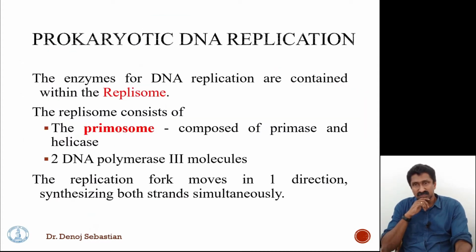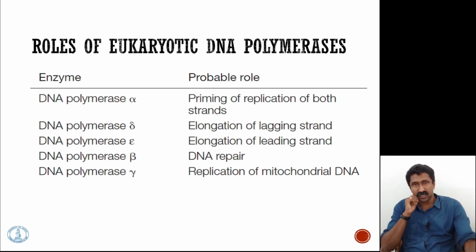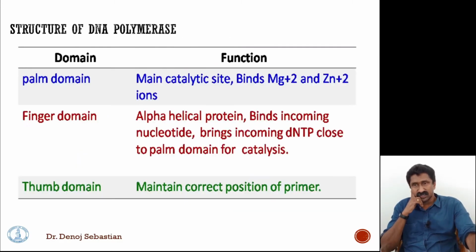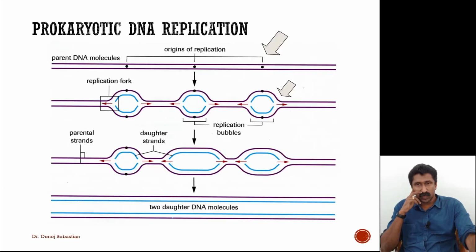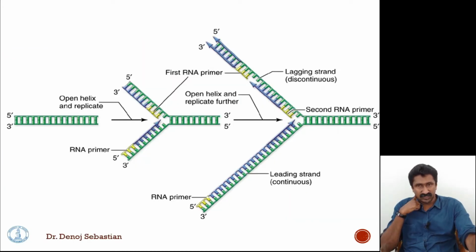In the previous picture, for example in this one, the DNA replication fork moves in one direction. But you know that always the DNA strand is copied from 5' to 3' direction. So this is the leading strand.